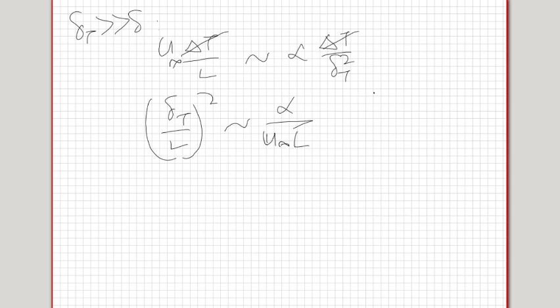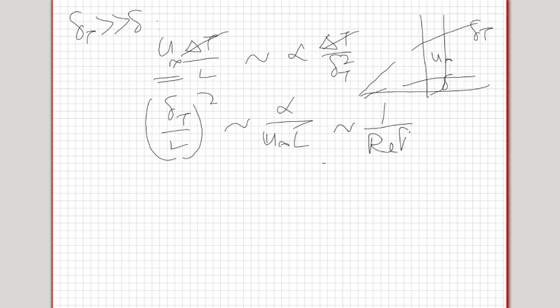Why does it happen? Because this is delta T and this is delta. So the velocity is more or less uniform throughout the thermal boundary layer, because the momentum boundary layer is a very small fraction. U is of the order of u infinity. So I can just write u infinity in place of u, then I'll get this. So this is of the order of 1 over Re Pr.